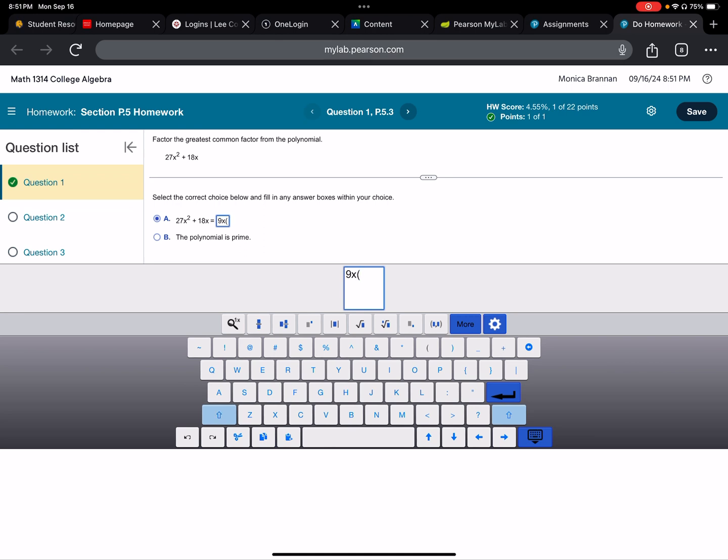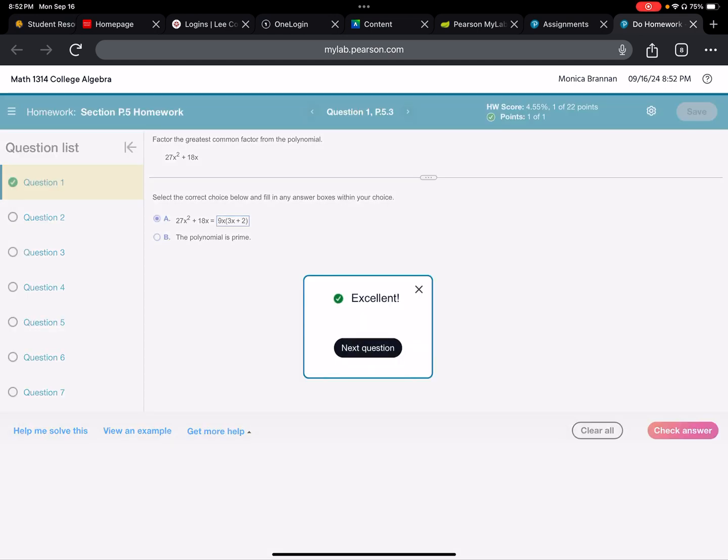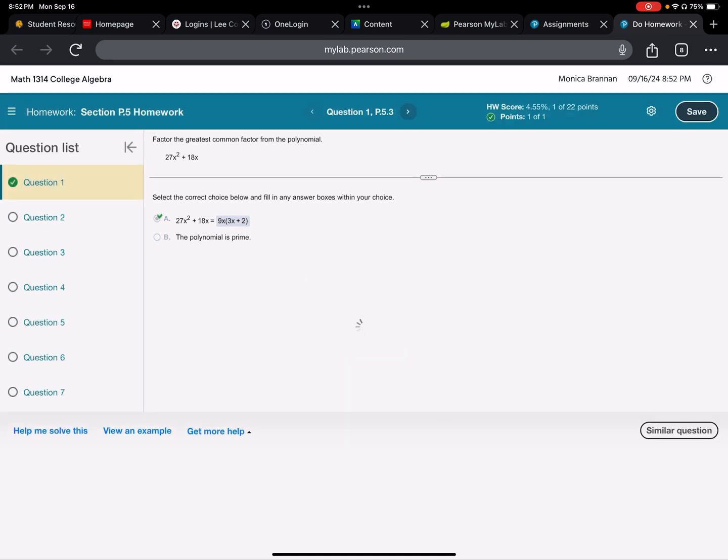There we go. 9x, and we had, I believe, 3x plus 2, and close parentheses. And yes, those of you that have used my lab and mastering before know that sometimes it is a little bit contrary on how we type it in. Okay, so we see that we got number one correct. All right, let's skip on.